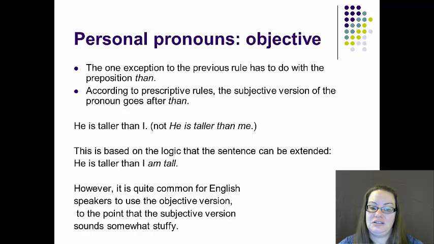The analogy is used to say that it should really be he is taller than I am tall. We've already seen that in chapters 1 and 2 of our book. However, it is quite common for English speakers to use the objective version. In fact, when we use the subjective version, we often feel like that's kind of too formal for our needs.